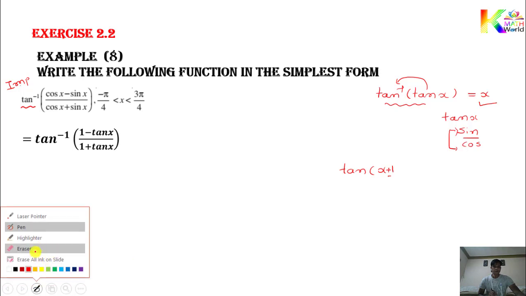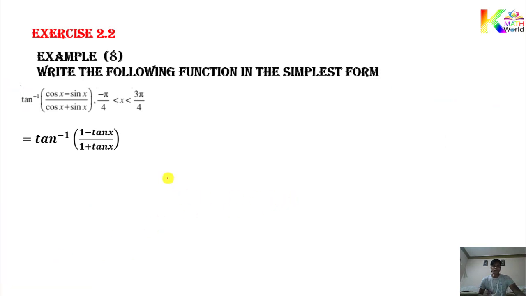Wait a minute, I am going to discuss only the useful formula. We have the formula for tan of x minus y. What is the formula for this? Tan x minus tan y over 1 plus tan x into tan y.